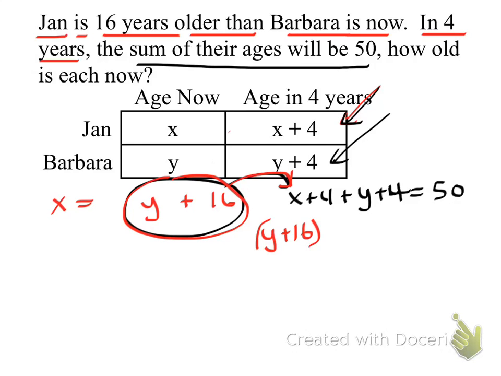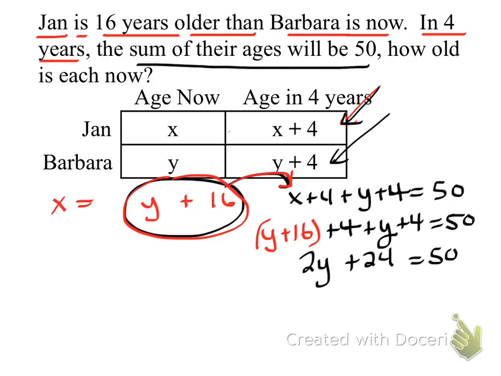And then I'm writing everything else: plus 4, plus y, plus 4 equals 50. And now I've got 2y plus 24 equals 50.